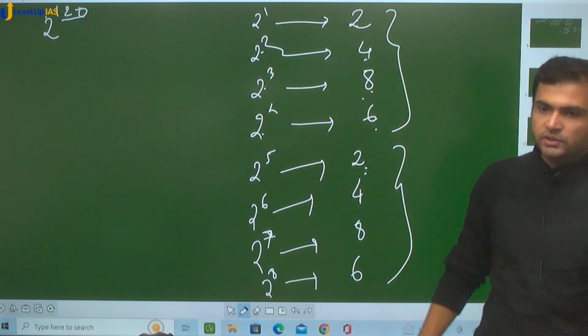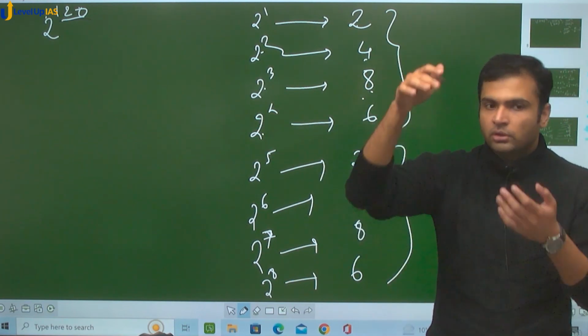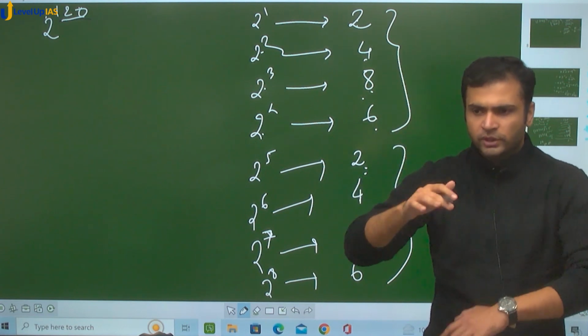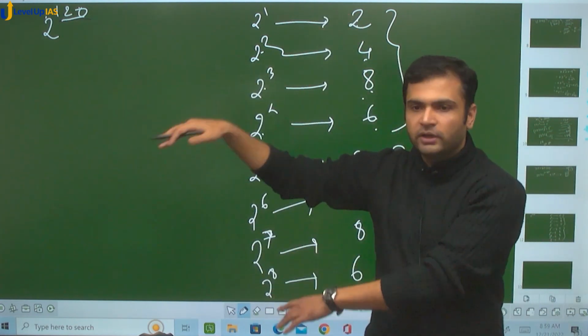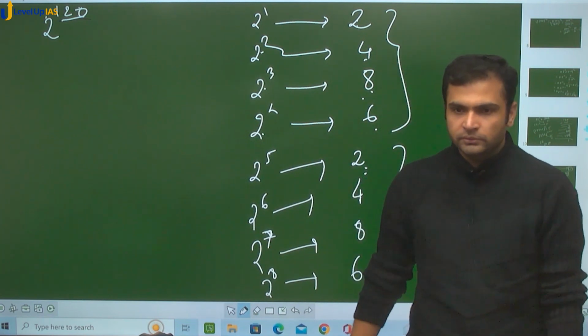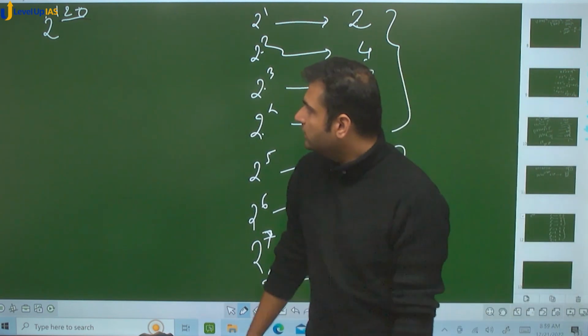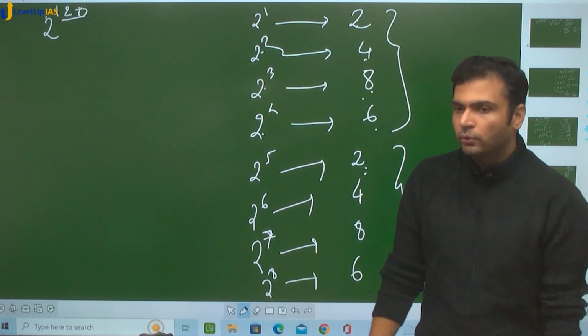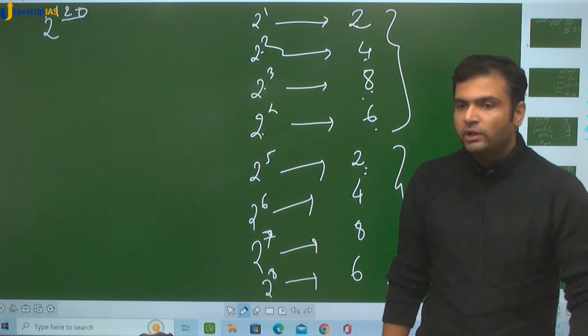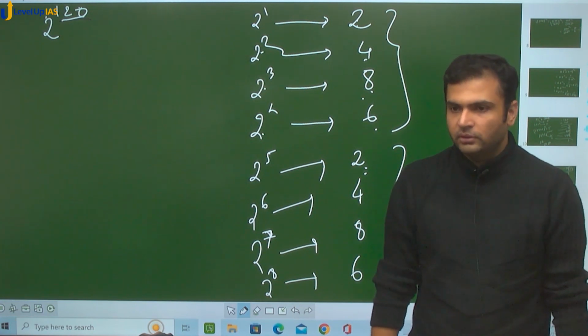Here, it would be 6. Like 2468, 2468, 2468, and so on. So where does 120 figure in all these? Can you see that if we divide that particular number by 4, whatever is the remainder is where it will figure?